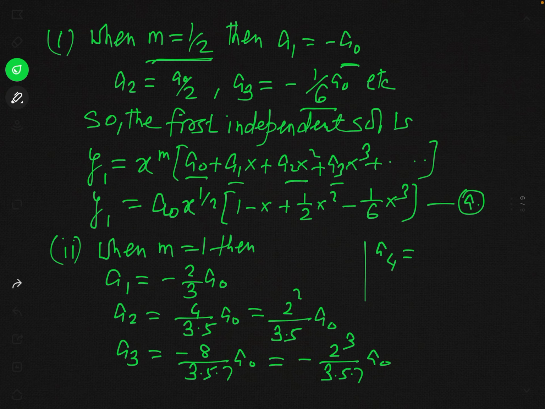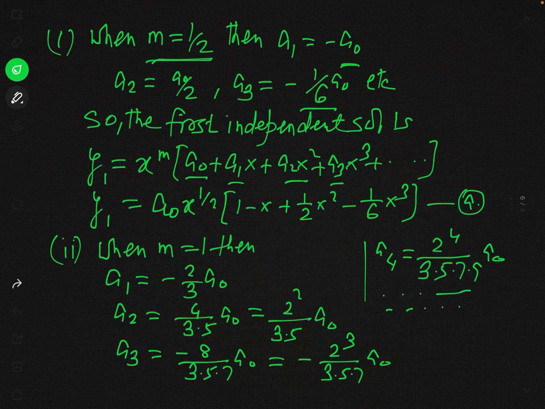And as you can see, here is 2 to the power 1, here is 2 to the power 2, here is 2 to the power 3, so here will be 2 to the power 4. And in the denominator, you can see 3 into 5, 3 into 5 into 7. It means this is the product of odd numbers. So here there will be 3 into 5 into 7 into 9 into a naught. By induction we can write. In this way you can find the other coefficients too.